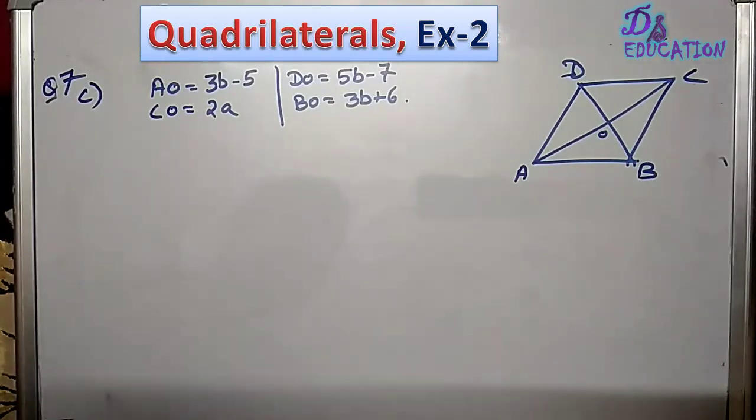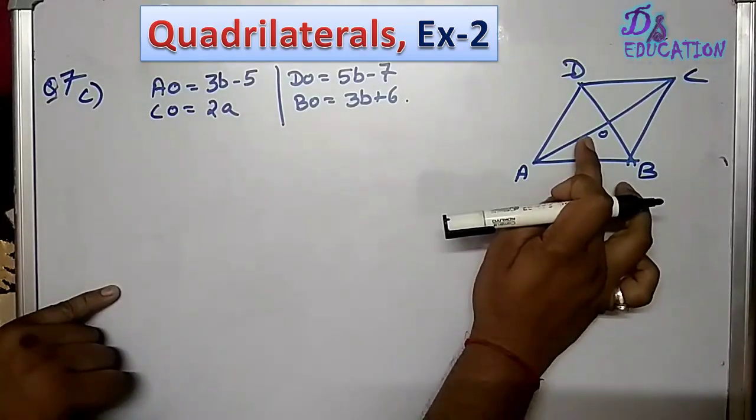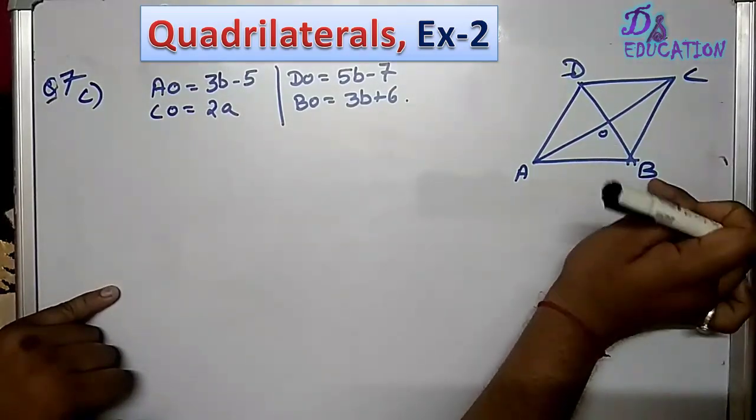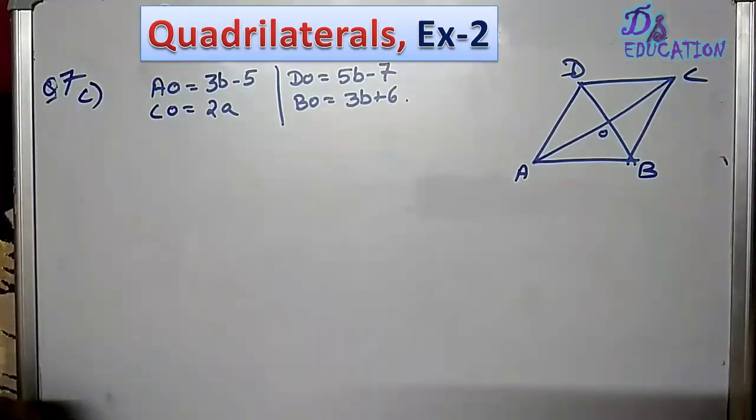In this figure ABCD, they have given the values of the diagonals, that is AO, CO, BO and DO. The 4 values are given over here. So we will take the property of bisection, that we have studied in the properties: the diagonals of a parallelogram bisect each other.